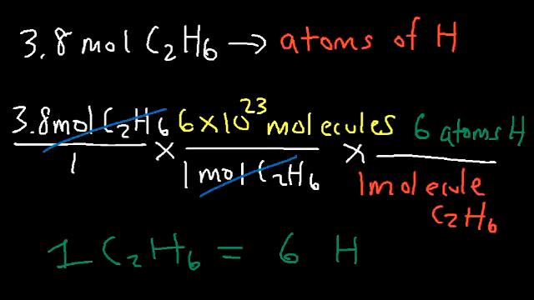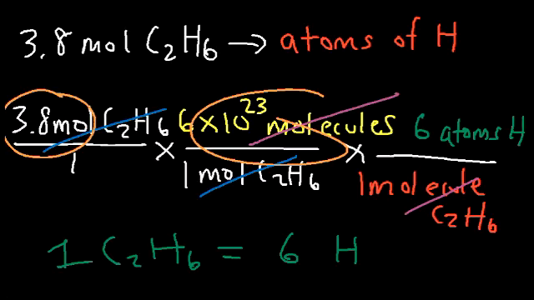So these units will cancel, and those units will cancel. Now, our previous answer was, we know that if we multiply these two numbers, it's going to give us 2.28 times 10 to the 24. And we simply have to multiply that number by 6.